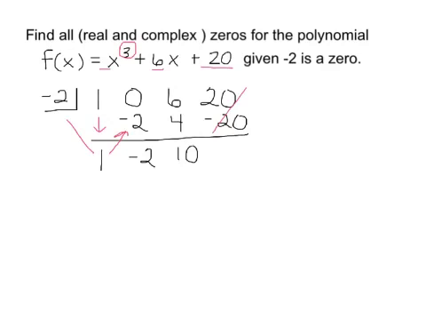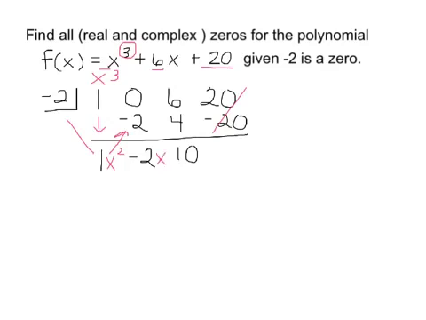So the result then, keep in mind the 1 went with x to the third, and when we drop one level, we're dividing out a power of x. So now we're down to x to the second, and again in descending order.